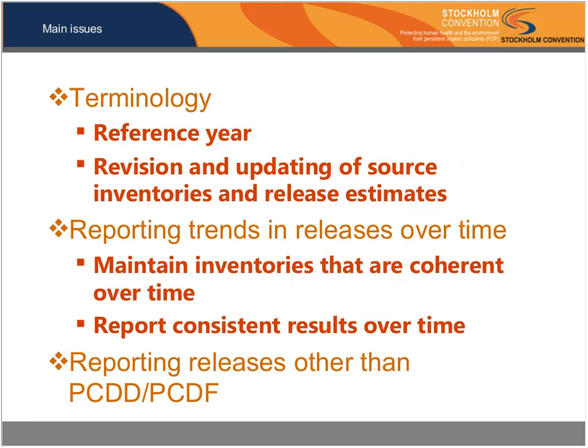Also I'll say a few words about reporting trends in releases over time, which of course requires that we maintain inventories that are coherent over time, and also report consistent results over time. And I will also touch very shortly on reporting of releases of other POPs than dioxins and furans.